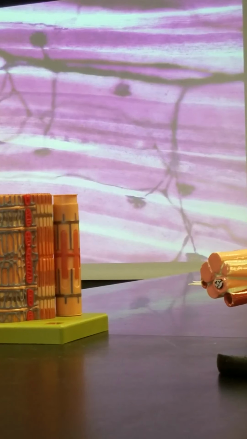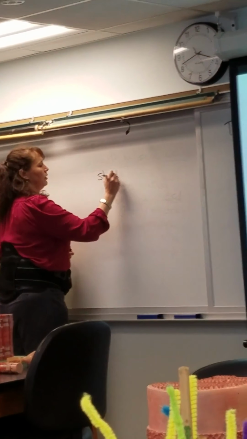So when we look at our skeletal muscle, you'll also see it identified on the slides as striated muscle. So where the slide is striated, that equals skeletal muscle, although it's not the only striated muscle.